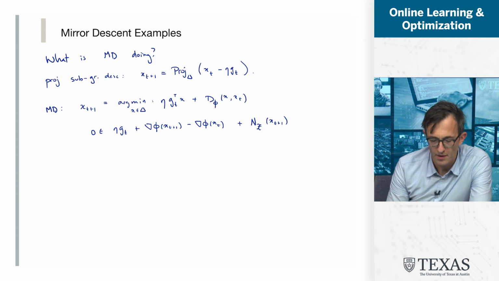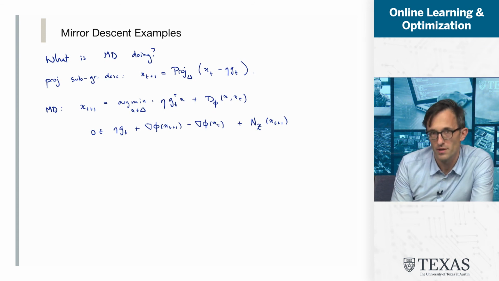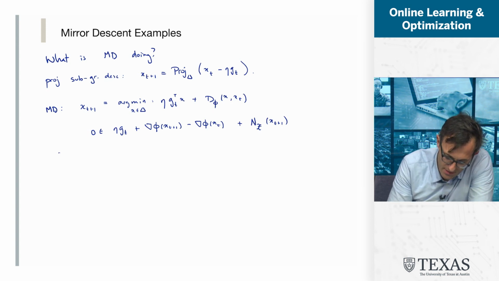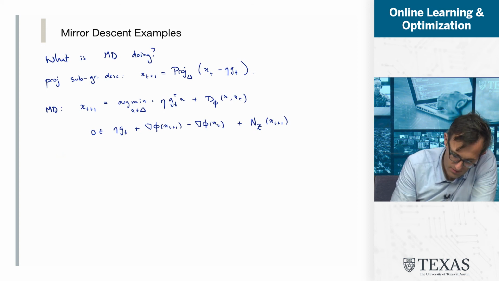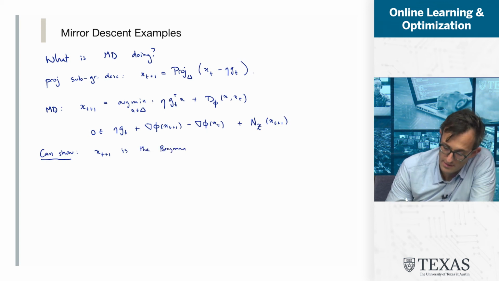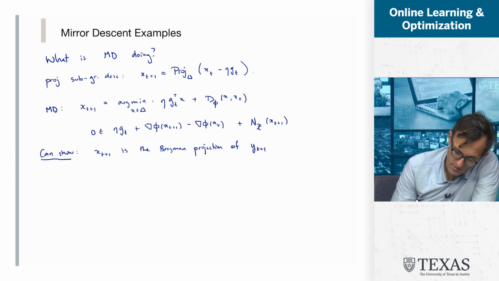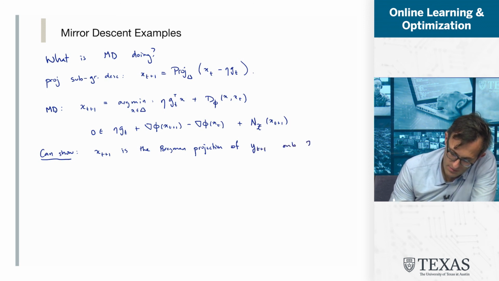So we can show that, one way to visualize what xt plus 1 is doing, is that it turns out that xt plus 1 is the Bregman projection of yt plus 1 onto X, which in this case is just our simplex.